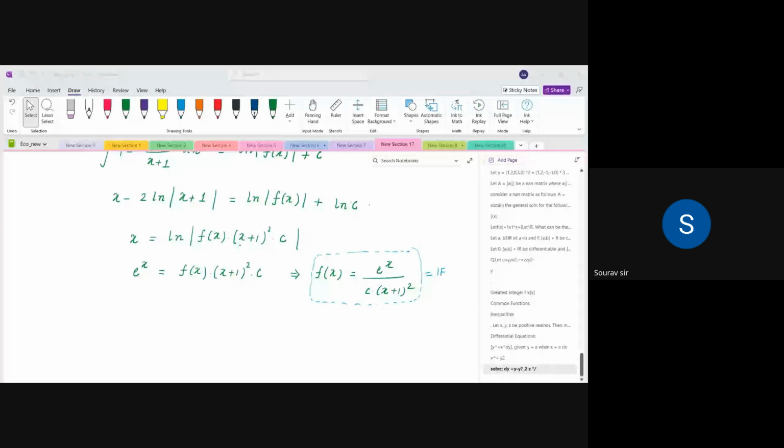There are some handy rules for some particular kind of differential equations, for which you can straight away apply the rules and get the integrating factor without going through this series of calculations. So that is our topic for next class.